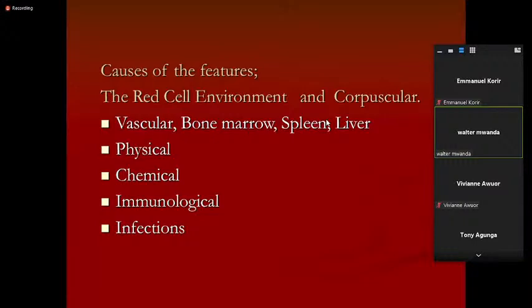It may work from the primary structure, the secondary structure, the tertiary structure, and the final red blood cell, the mature red blood cell. So these changes, therefore, are a manifestation of various processes that are on the red blood cell.